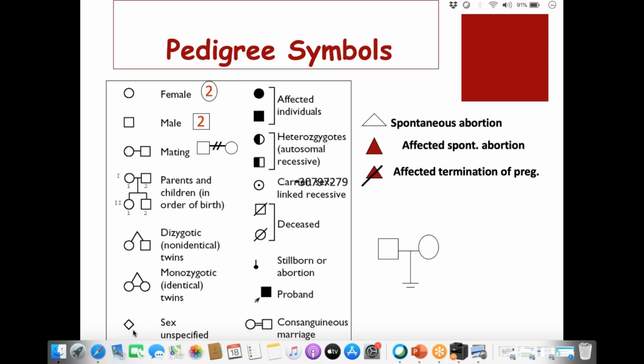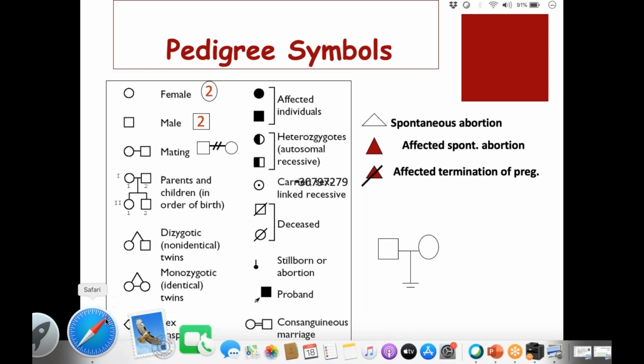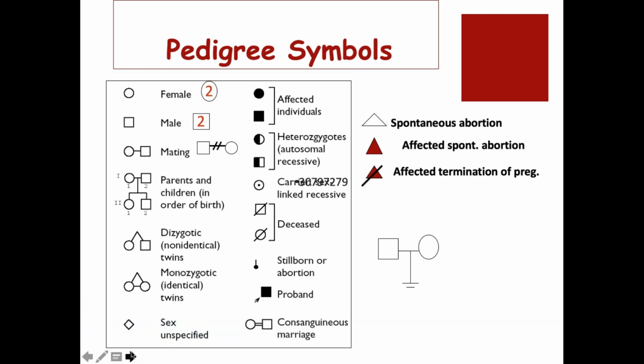Now, this is usually either the patient is born of indeterminate sex, like the transgender community, or this is in a pregnant situation where maybe the radiologist knows the diagnosis, but cannot reveal it. All you can write is a diamond, which means you do not yet know the sex of the child, right? So these are the common pedigree symbols.